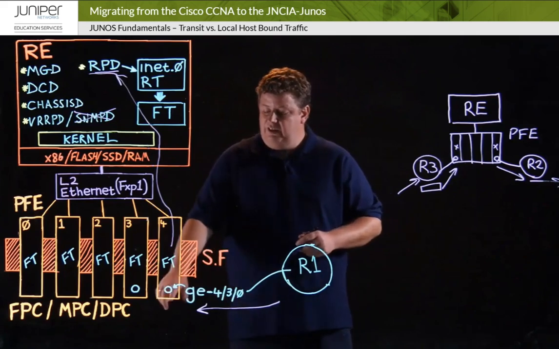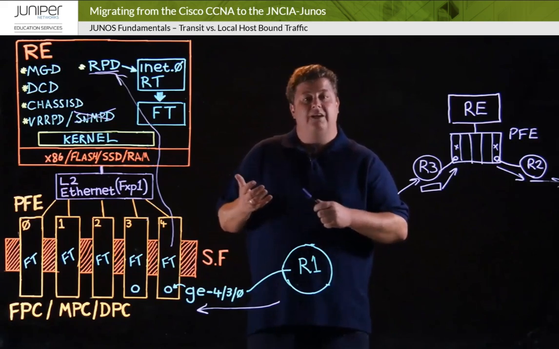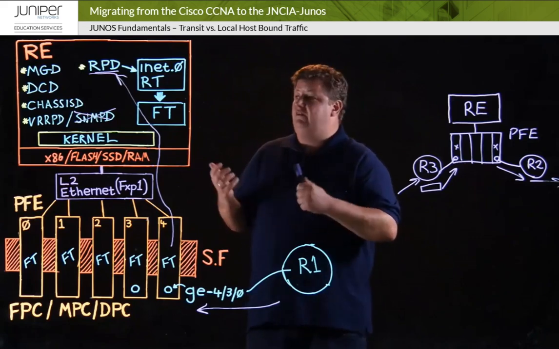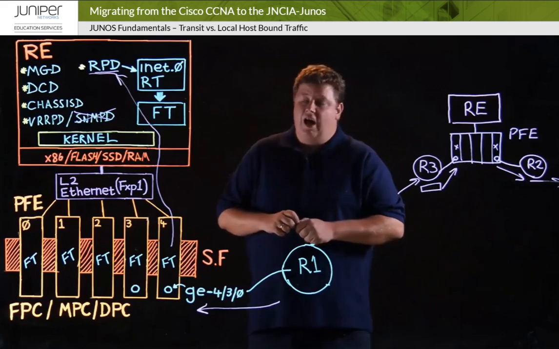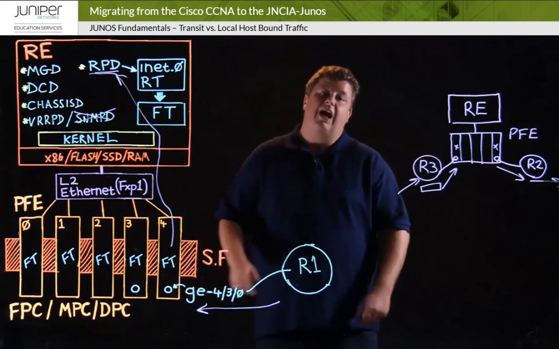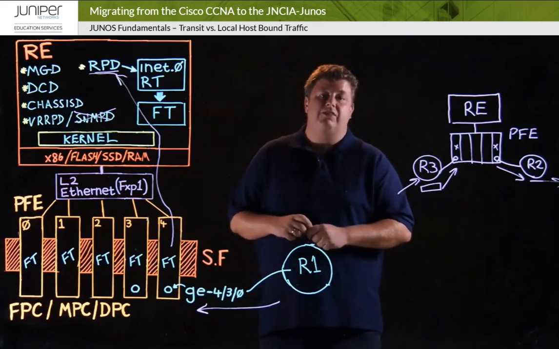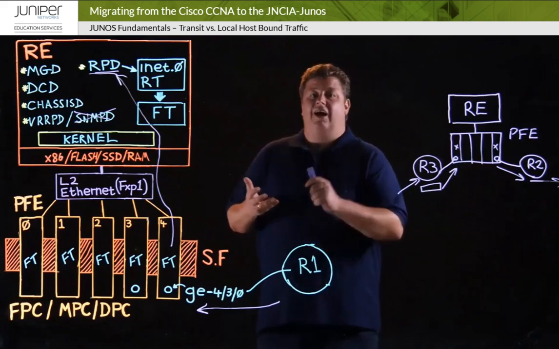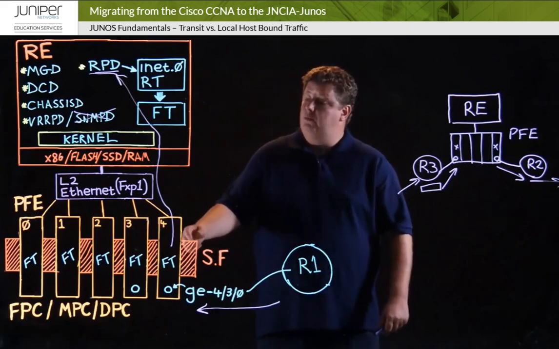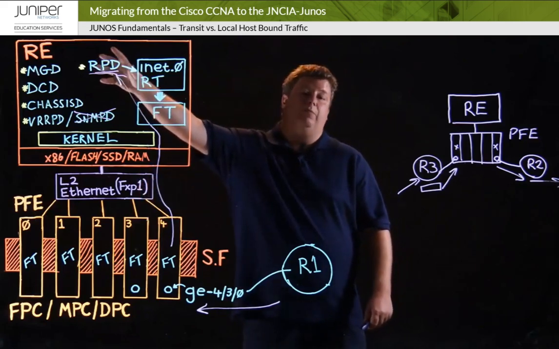Any packet that comes in here, like we said, is going to have that destination lookup done. And if we see that the destination IP is a reserved multicast address belonging to a protocol, something like VRRP or whatever it might be, for OSPF or IGMP or PIM, we know in the forwarding table lookup to punt it up across that internal Ethernet switch, up to the RE to be handled by RPD.